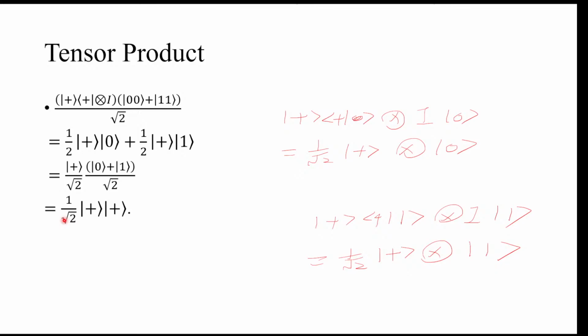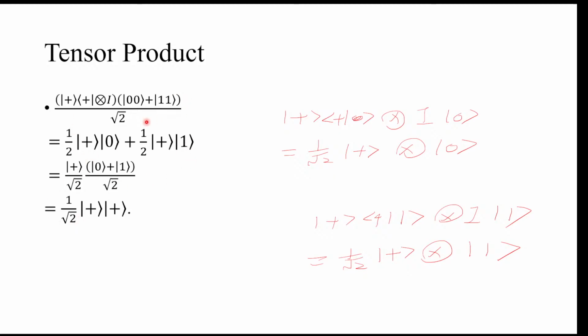And yeah, here we have some examples of tensor product calculation. So we have this EPR pair, |00> plus |11>, and you see what happens when you project the first qubit onto the plus state and do nothing on the second qubit. Okay.